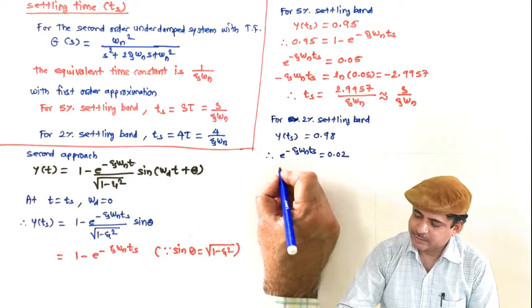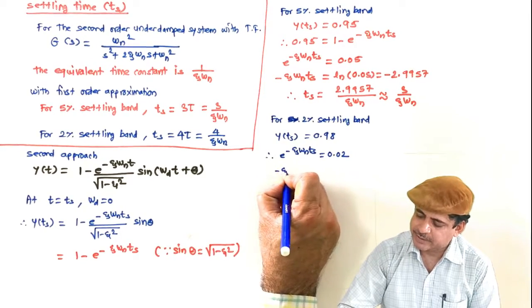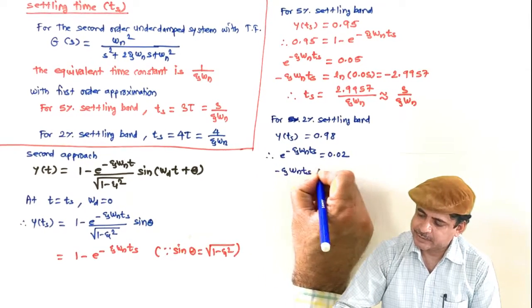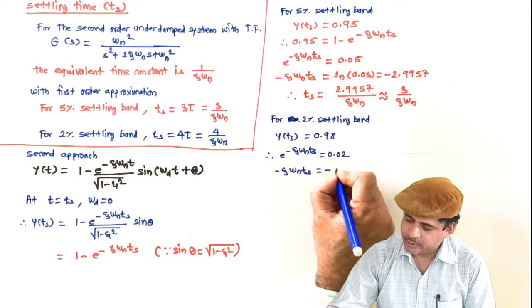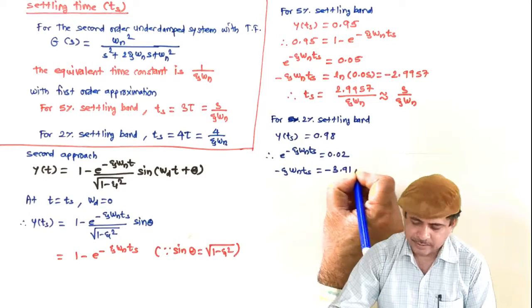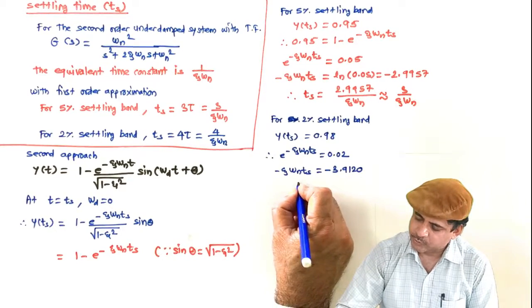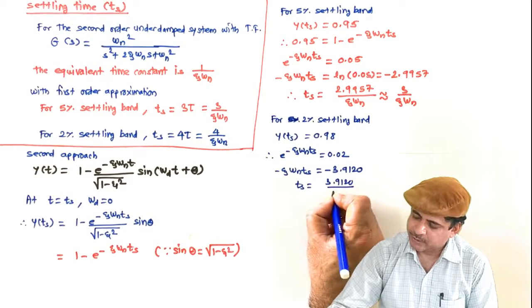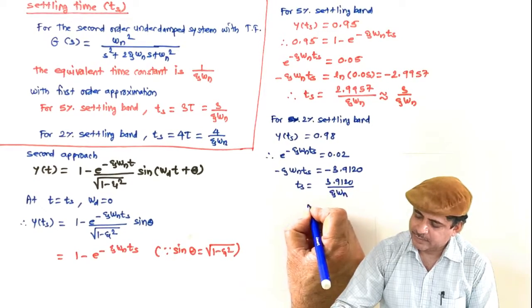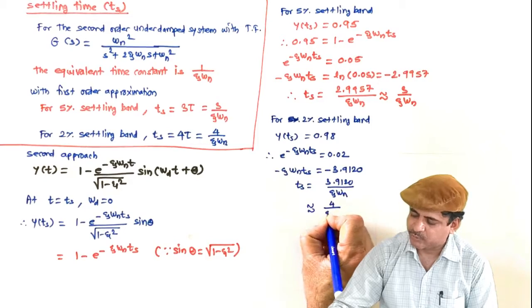So then minus zeta omega n Ts is equal to natural log of 0.02, and it is minus 3.9120. So Ts is equal to 3.9120 upon zeta omega n, which is approximately equal to 4 upon zeta omega n.